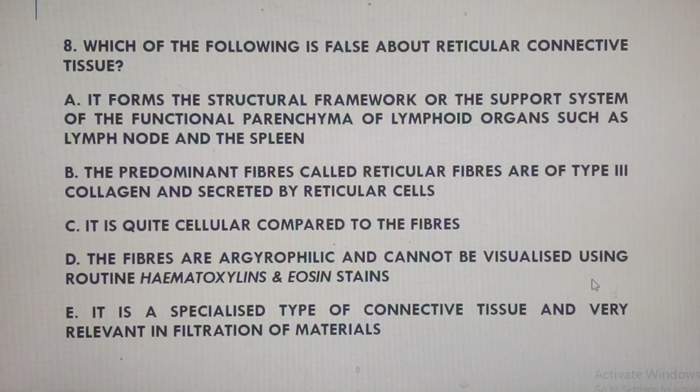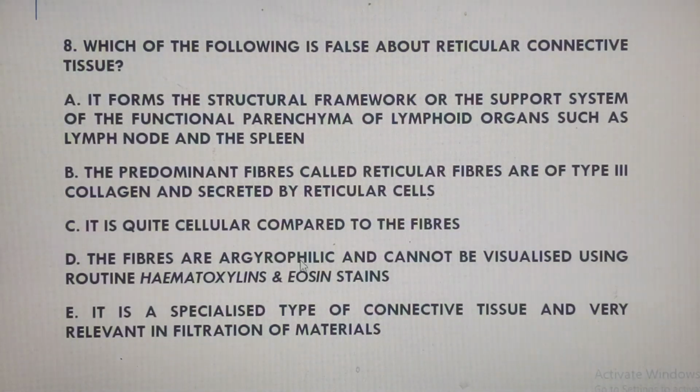Option D says the fibers are argyrophilic and cannot be visualized using routine hematoxylin and eosin stains. Yes, that's a very true statement. The routine hematoxylin and eosin stain stains collagenous fibers, but although reticular fibers are a type of collagenous fibers, actually type 3, they are argyrophilic, so silver stains are the best stain.